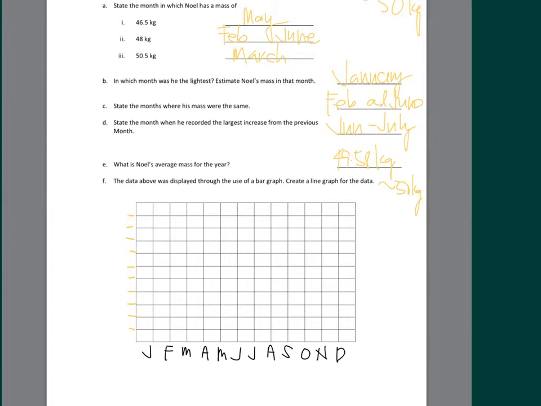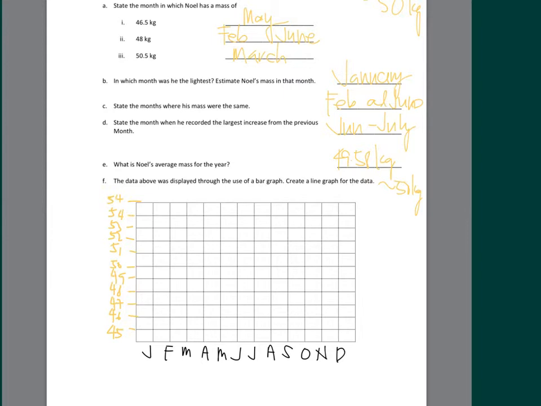So we can set the first as 45, 46, 47, 48, 49, 50, 51, 52, 53, 54, and the last to be 55.